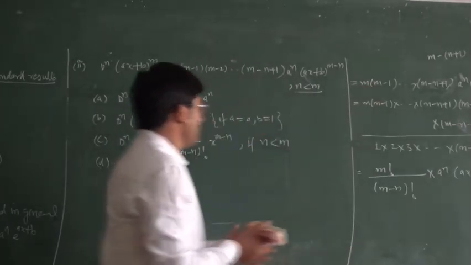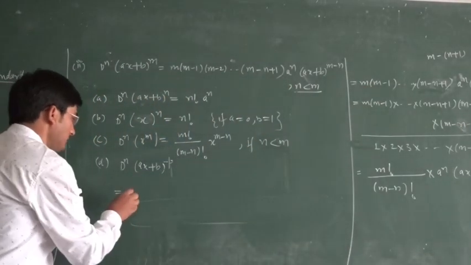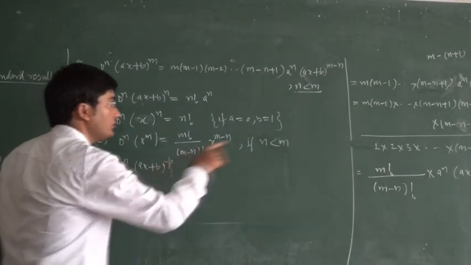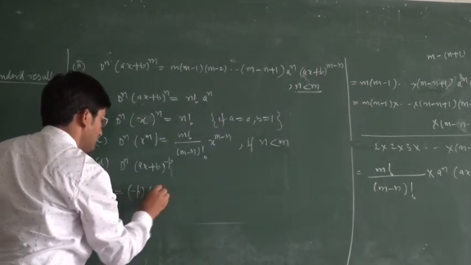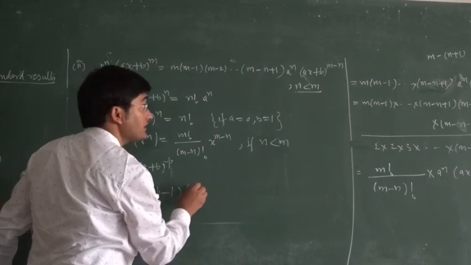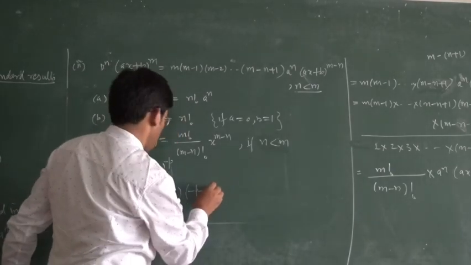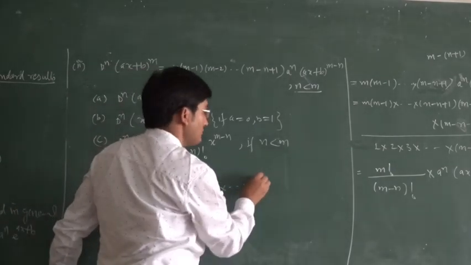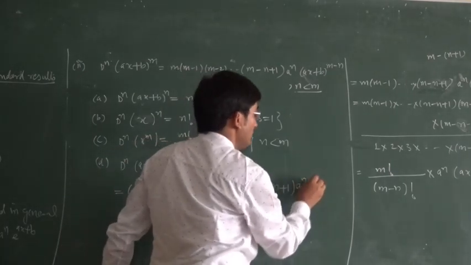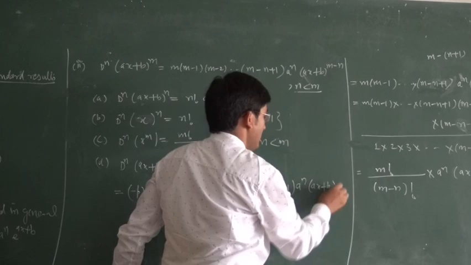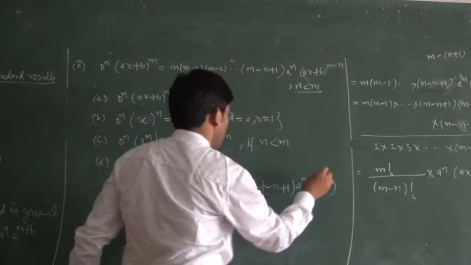If m is minus p, then we will have minus p, minus p minus 1, minus p minus 2, up to minus p minus n plus 1, into a power n into (ax plus b) power (minus p minus n).